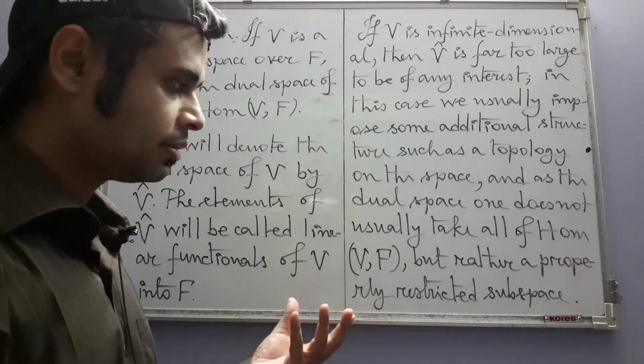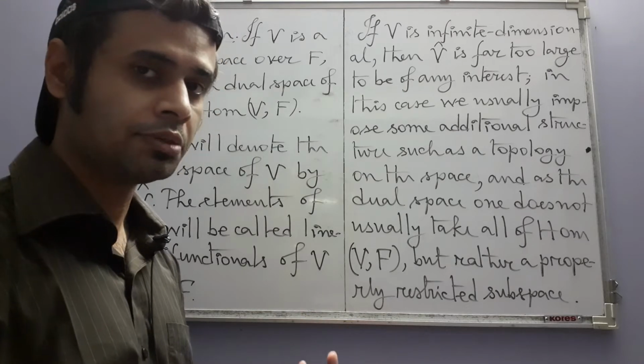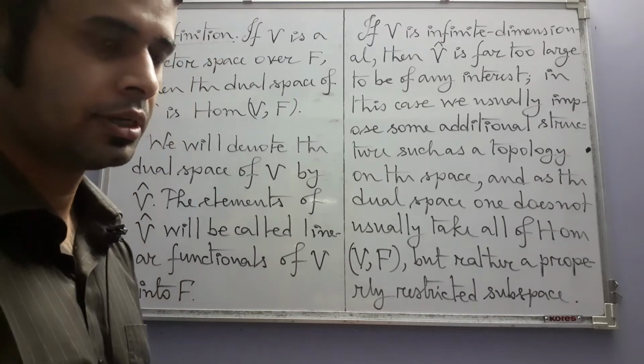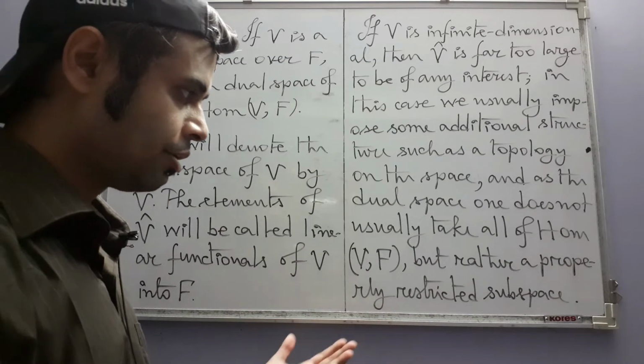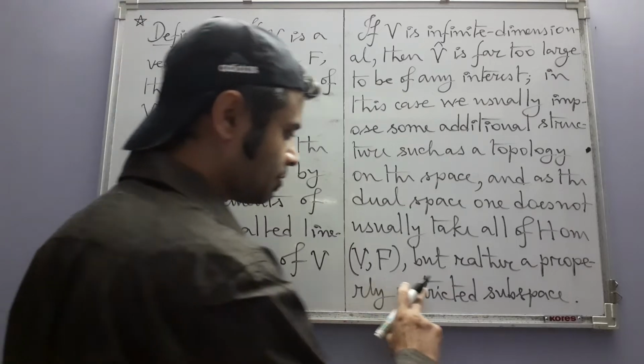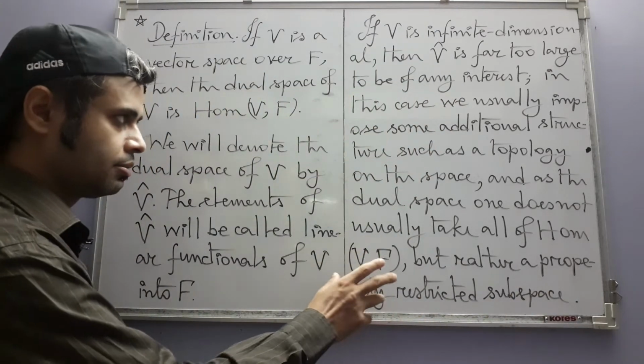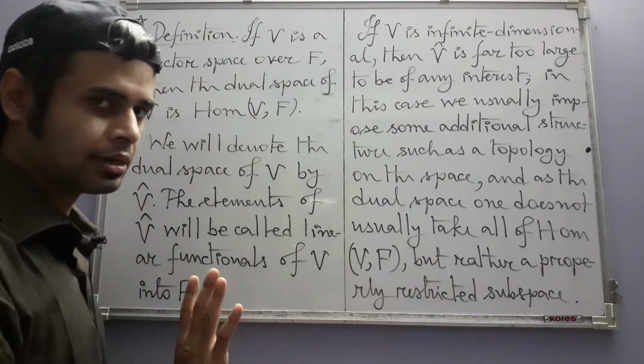In some sense, an important subspace where we believe that with this additional structure we will get some interesting results, and we will not get lost in these extremely large spaces. So that's why this type of restriction is taken. But we are not going to study those things.